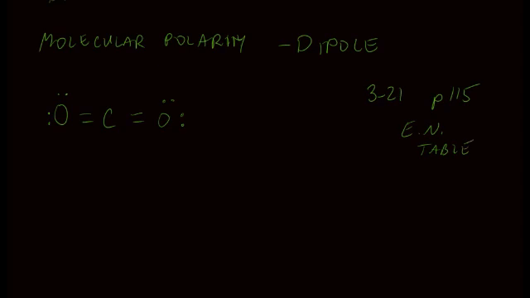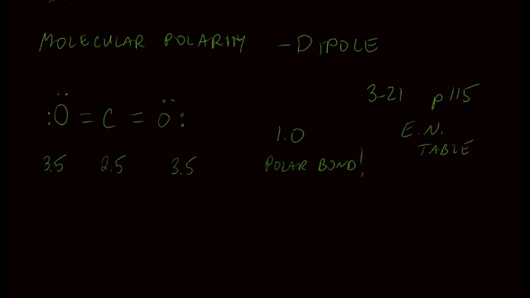So looking at the periodic table, carbon has an electronegativity 2.5, oxygen 3.5. So for each of these carbon-oxygen bonds, 3.5 minus 2.5, the difference is going to be 1.0 for each of these double bonds, and that's going to be a polar bond.